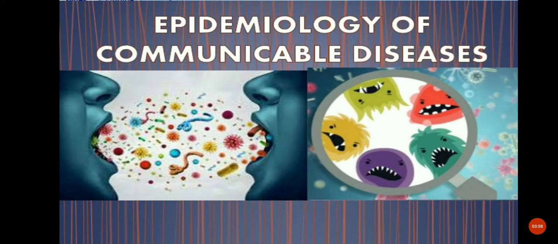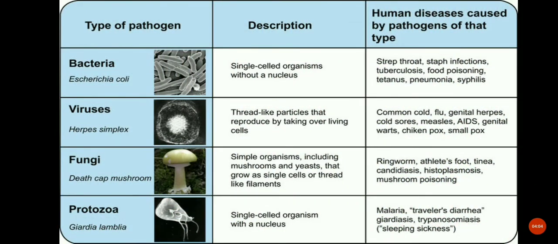In the epidemiology of communicable diseases, the disease-producing organisms or pathogens include the following types: bacteria, viruses, fungi, and protozoa. Bacteria are single-celled organisms without a nucleus.